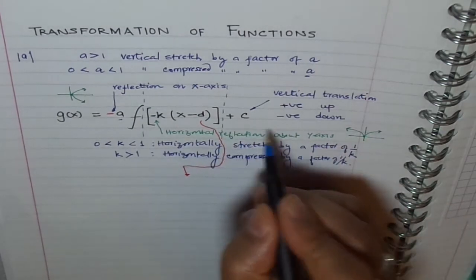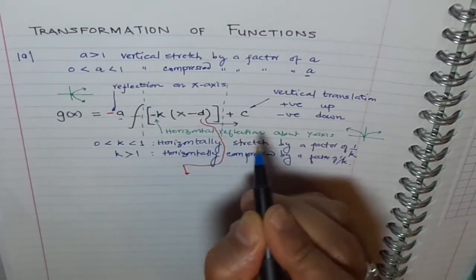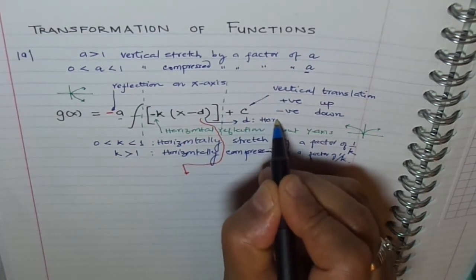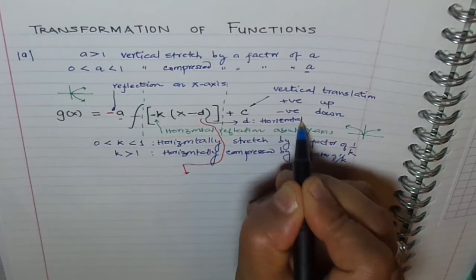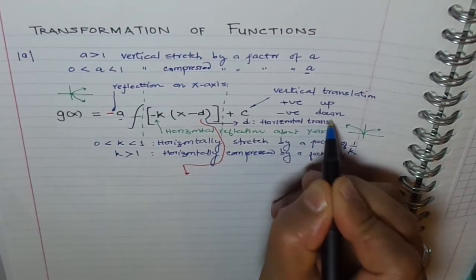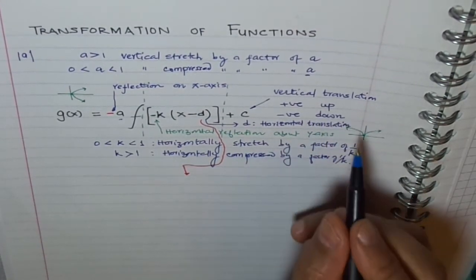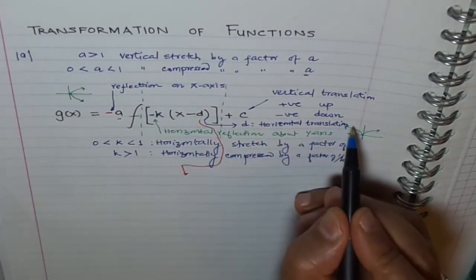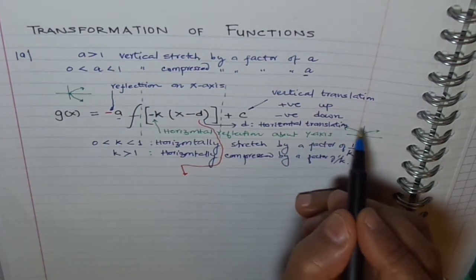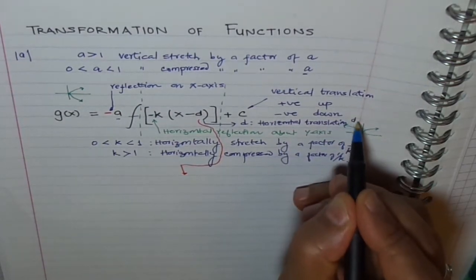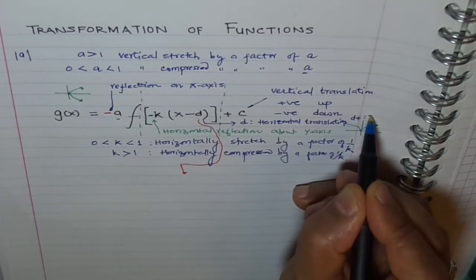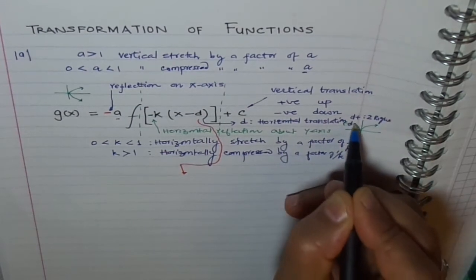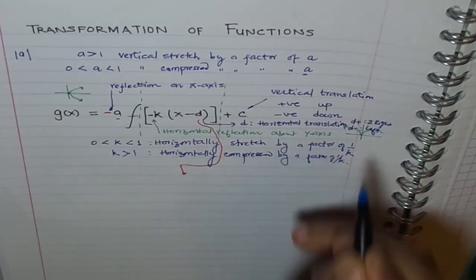So d is horizontal translation. If d is positive, then it moves, for example 2 units, to the right. And if d is negative, then we move left, that many units.